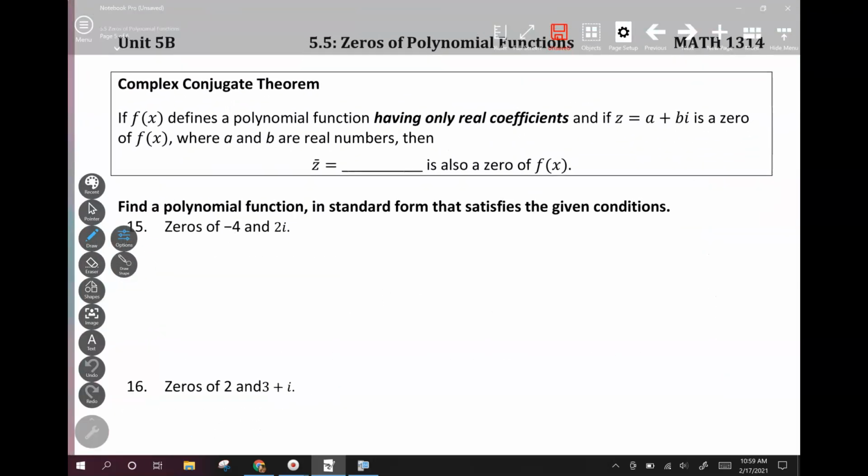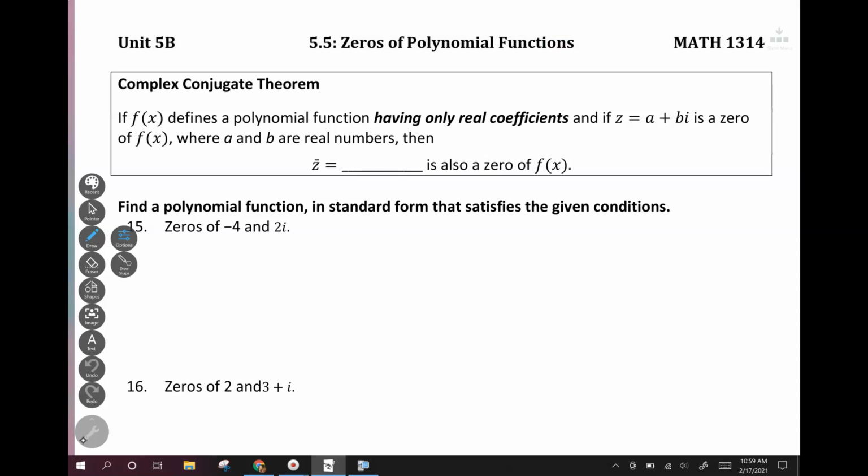All right. Now the complex conjugate theorem. If f of x defines a polynomial function having only real coefficients, and if z equals a plus bi is a zero of f of x, where a and b are real numbers, then z-bar equals a minus bi is also a zero of f of x.